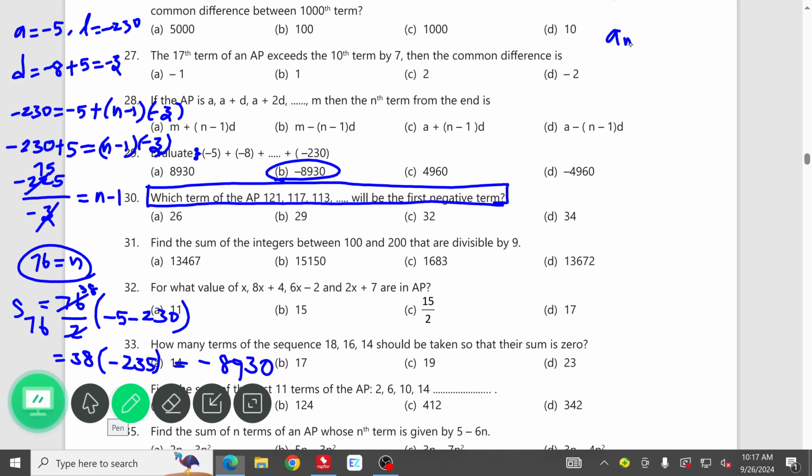Or else better, multiply minus 4 inside. 121 minus 4 when you bring inside: minus 4n minus into minus plus 4 less than 0. 4n you send opposite. So 125 less than 4n. 4 when you bring opposite, 125 divided by 4 less than n.